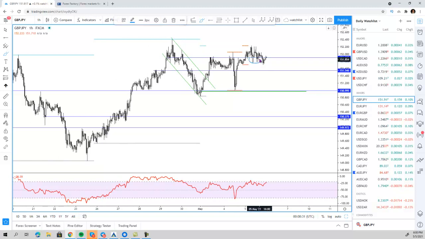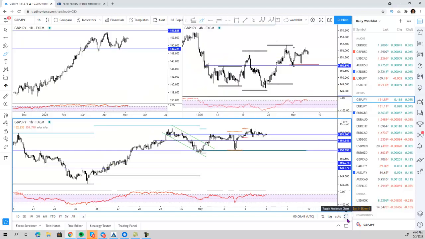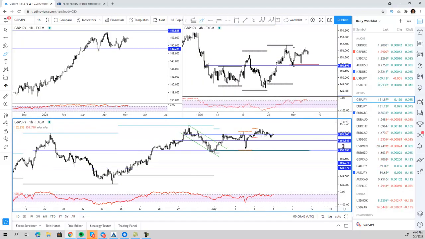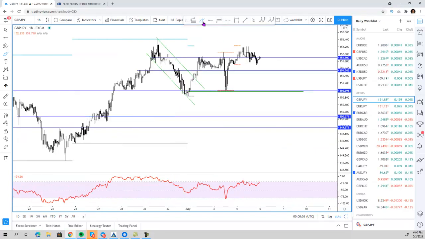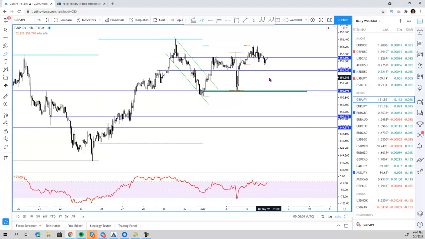Well, these were retests, but now price completely broke and closed below those lows. So in the immediate time frame, this looks a little bit bearish, and I wouldn't be a buyer just yet. Now, if price retraces back to retest the 151.60 or so, maybe we will get on a long.